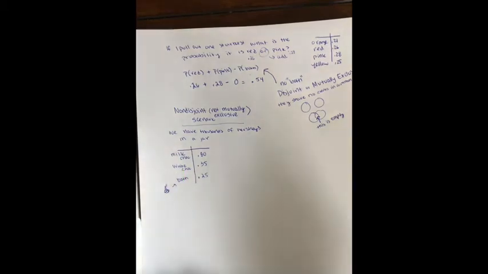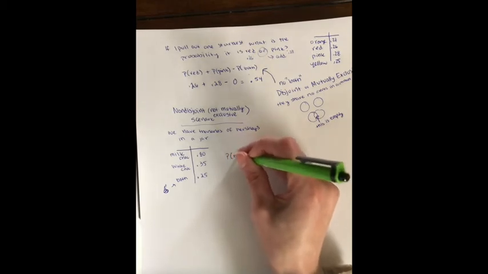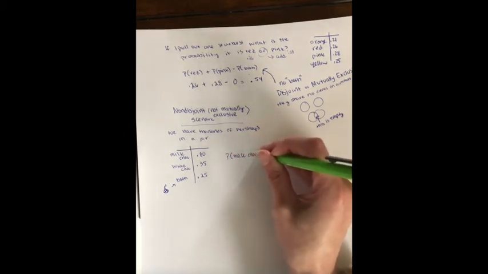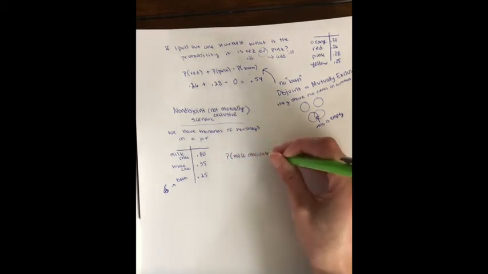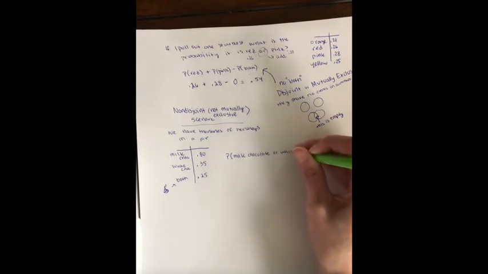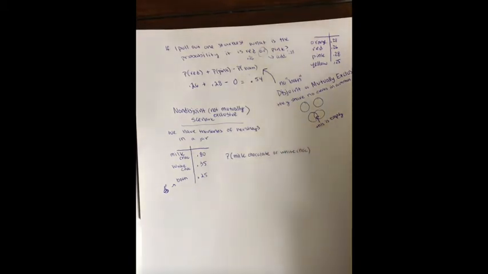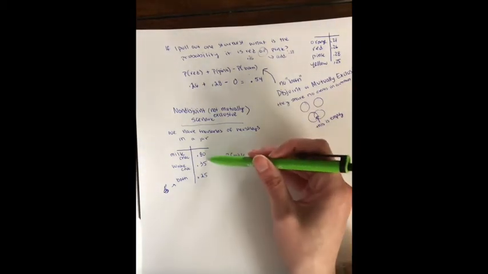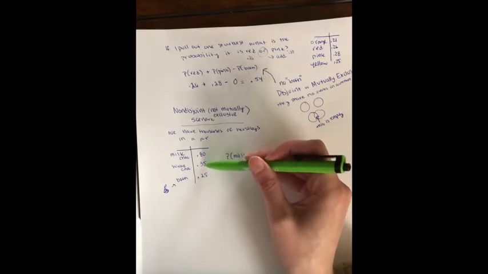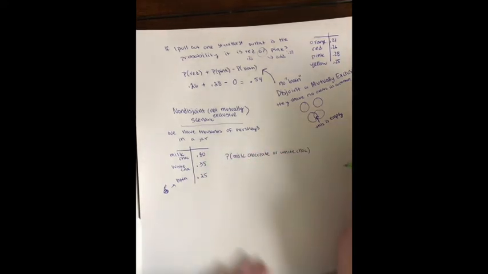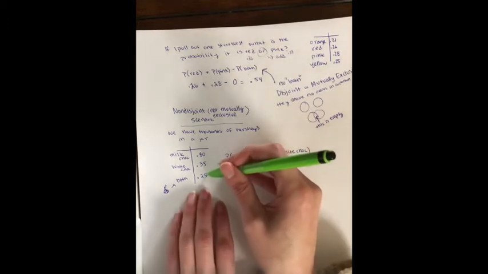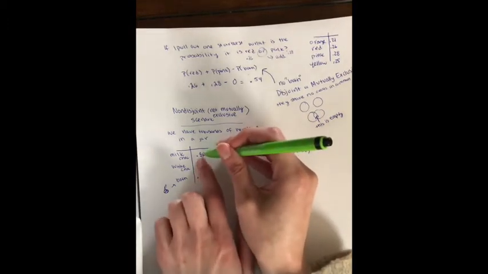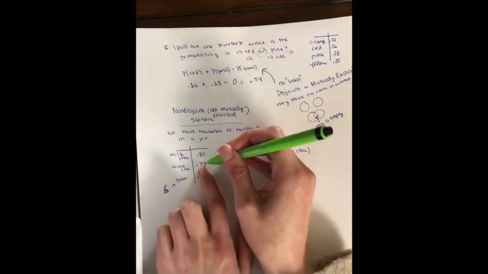Now let's say I ask, what is the probability of milk chocolate or white chocolate when you pull out a Hershey's Kiss? Well, if I pull one out, I want milk or white chocolate. You would think, okay, I'm just gonna add these. But notice that when you add them, it goes over 100%. That's because 25% is in here, and it's double counted in here, right?